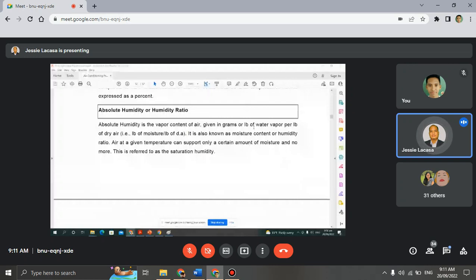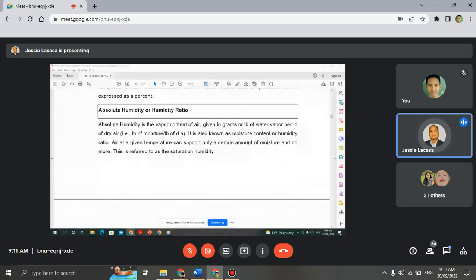Okay. Relative humidity, let's go back. Relative humidity is the measure of the amount of water air can hold at a certain temperature.